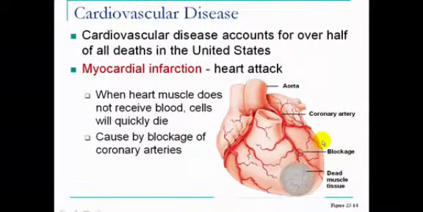And when it dies, it turns to scar tissue and then it won't contract properly, and then your heart won't function efficiently to pump blood. What causes a heart attack is some of the muscle tissue isn't receiving blood and it becomes hypoxic, lack of oxygen, and the cells will quickly die. And what mostly causes that is a blockage in a coronary artery or a small blood vessel feeding the heart.